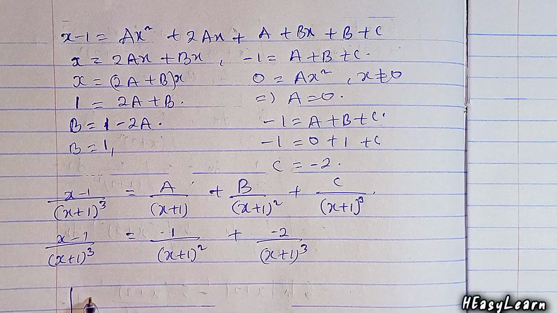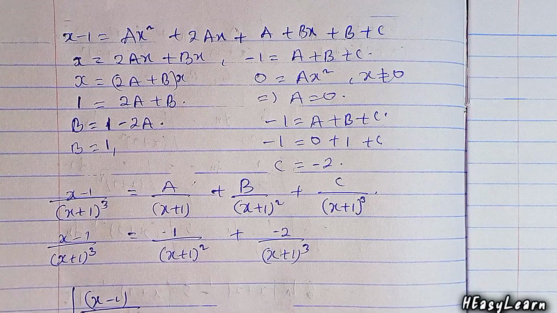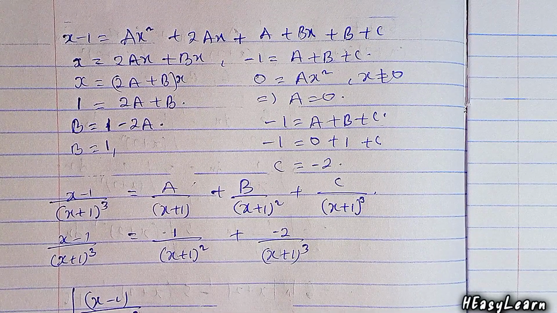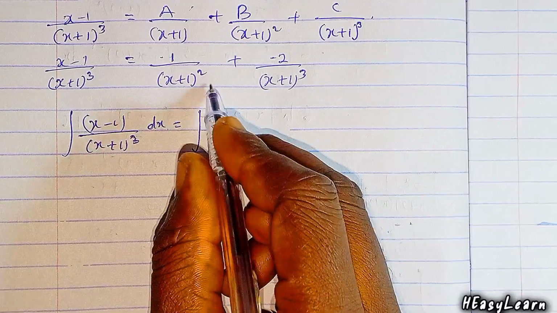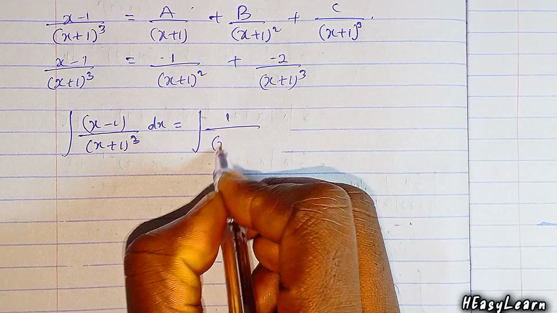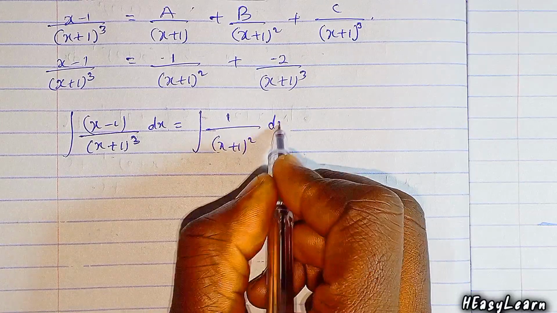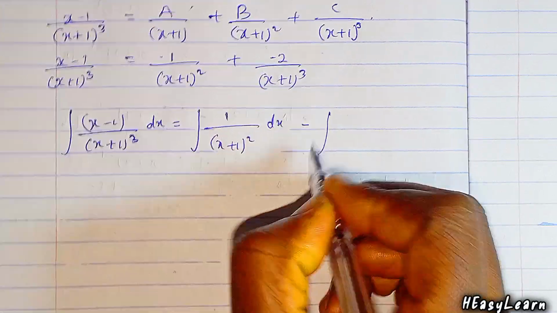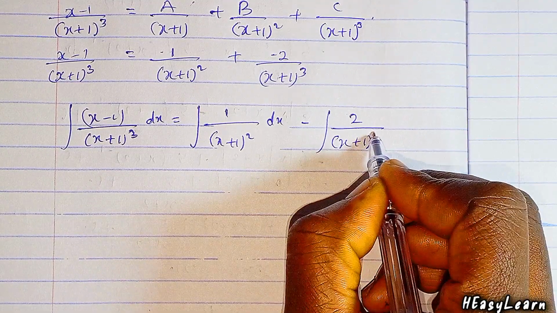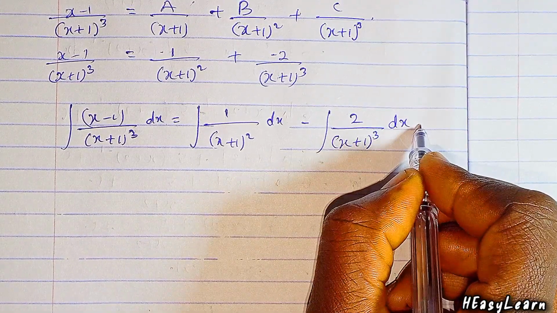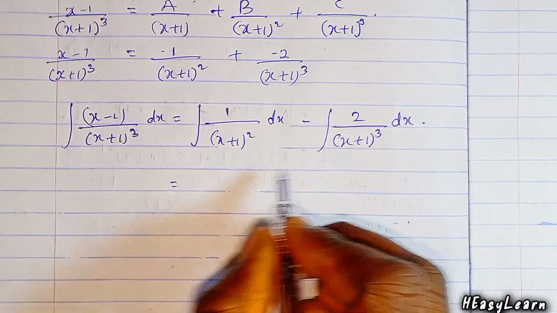So to integrate x minus 1 divided by x plus 1 to the power of 3 dx is the same thing as integrating the right hand side: 1 over x plus 1 squared dx minus the integral of 2 divided by x plus 1 to the power of 3 dx. So what is this integral?